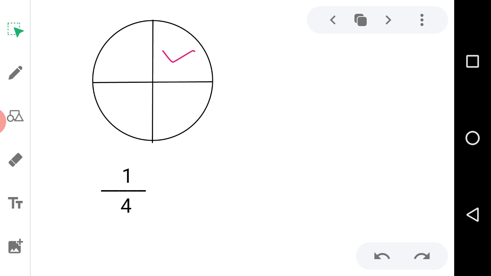Now, if I want to take 2 parts, how can I show it? Total number of parts is 4 and I want to show 2 parts, so I write 2 upon 4, or 2 divided by 4.